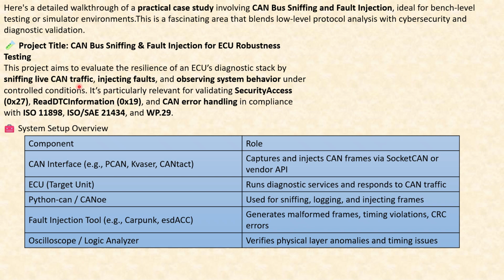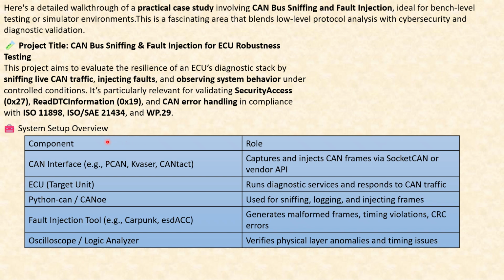So you have a sniff about the live CAN traffic, and then you inject faults and observe system behavior under controlled conditions. It is particularly relevant for validating cyber security access, read DTC information, and CAN error handling in compliance with ISO 11898, ISO SAE 21434, and WP.29.